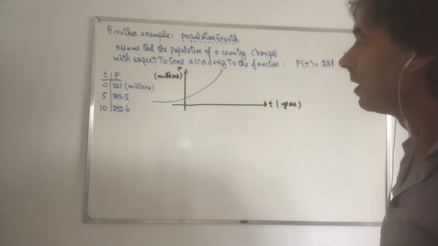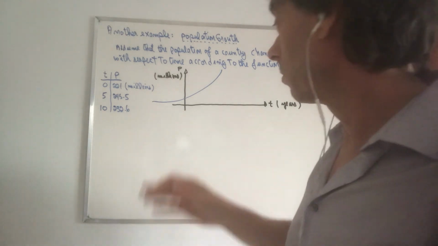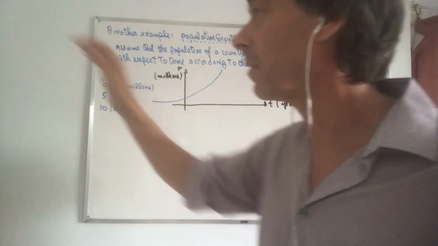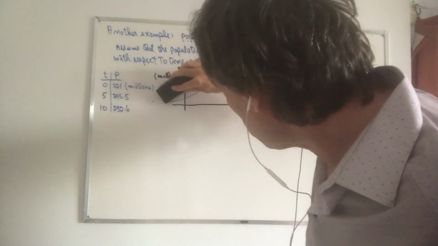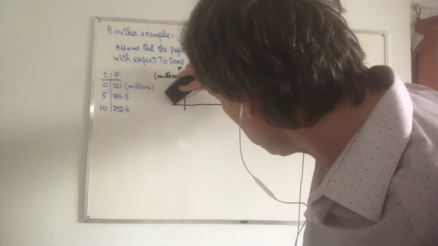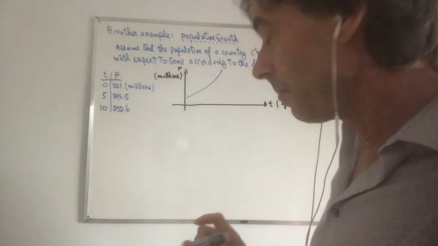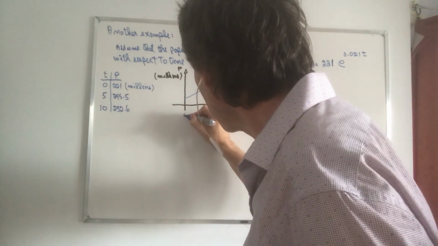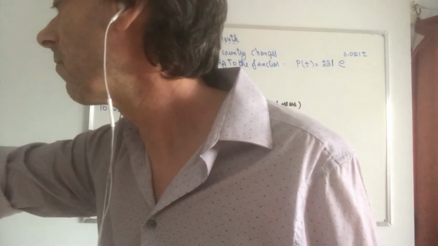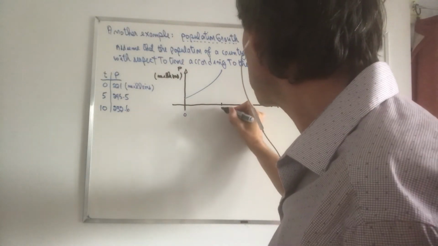Now, we don't really consider any negative years, so we can get rid of this part over here because it is not part of the graph. t is a positive value. t goes up in years, so here's 0, and here's 5, and here's 10.